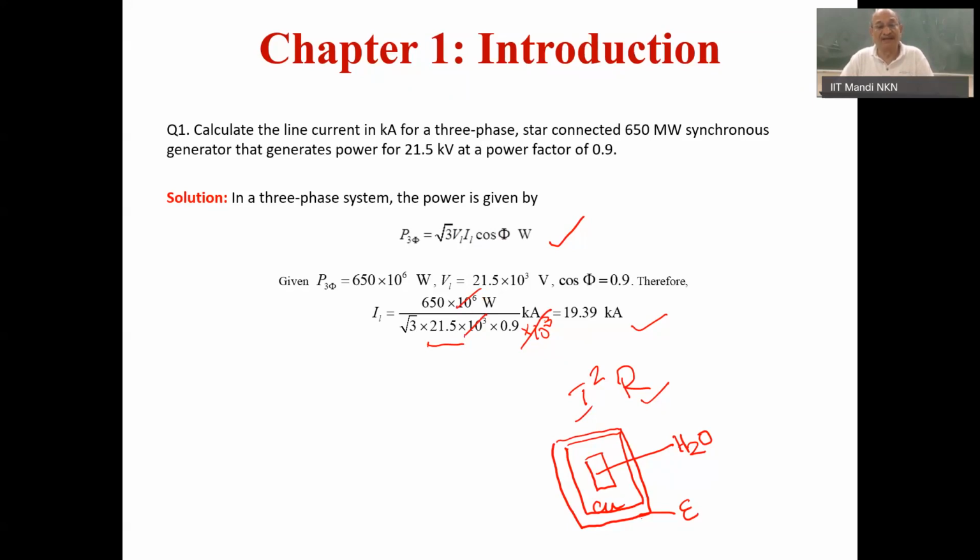In generators, you cannot do that. It is not dipped in oil, and so you cannot produce the power at higher voltages. The maximum voltage at which power is generated in the world is 33 kV.